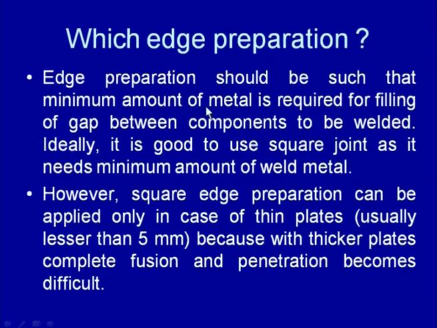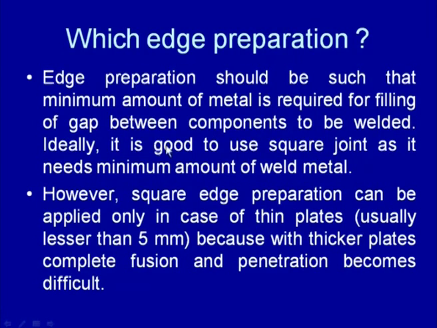That is why some sort of compromise is struck, so that the edge preparation permits access of the heat source up to the root of the plate, and at the same time requires the minimum amount of weld metal. In view of this, edge preparation should be such that a minimum amount of weld metal is required for filling the gap between the components to be welded.